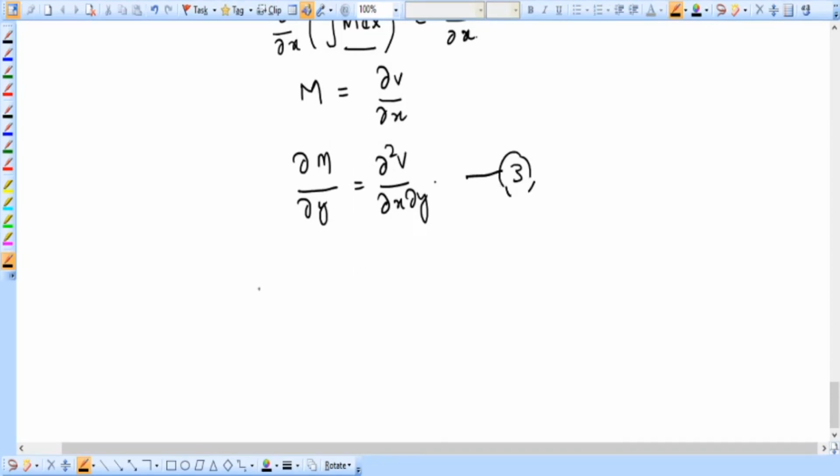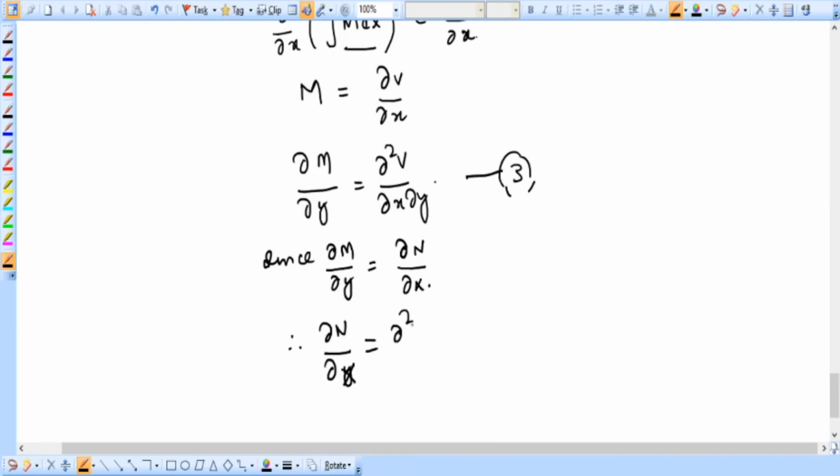So now, as we have assumed that curly m by curly y is equal to curly n by curly x, therefore curly n by curly x is equal to curly v over this, right?